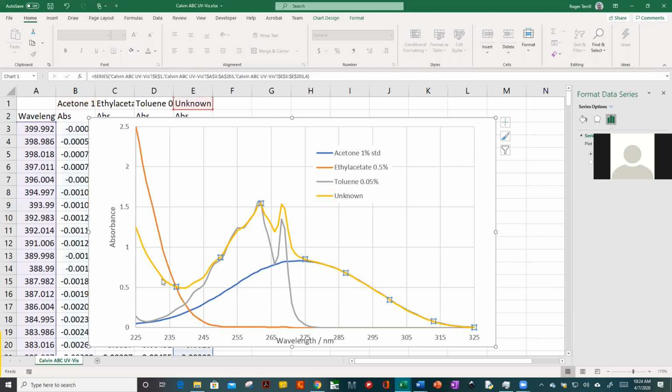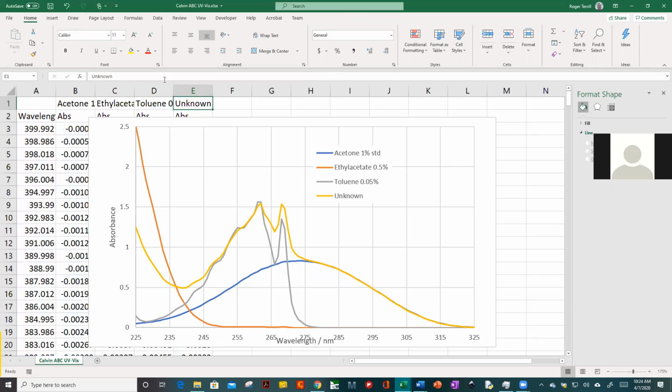It would be 1% of the mixture because it's matching the signal of the absorbance. Exactly right. So when it's for toluene, because it's a slightly higher signal, it's a higher concentration. Is it higher concentration in the unknown or in the standard? In the unknown. Higher in the unknown than in the standard.